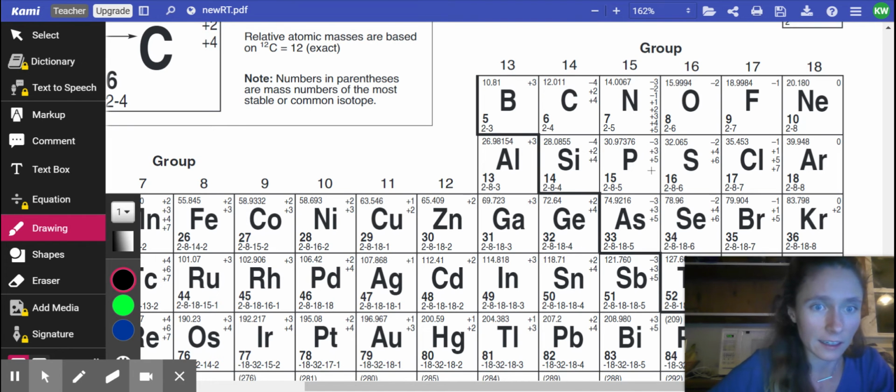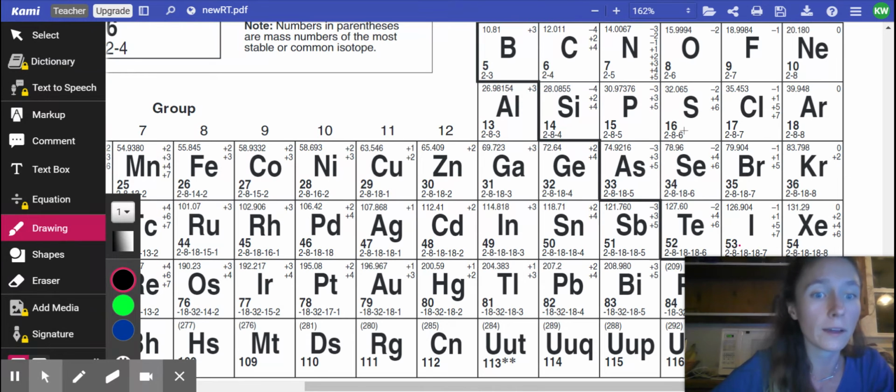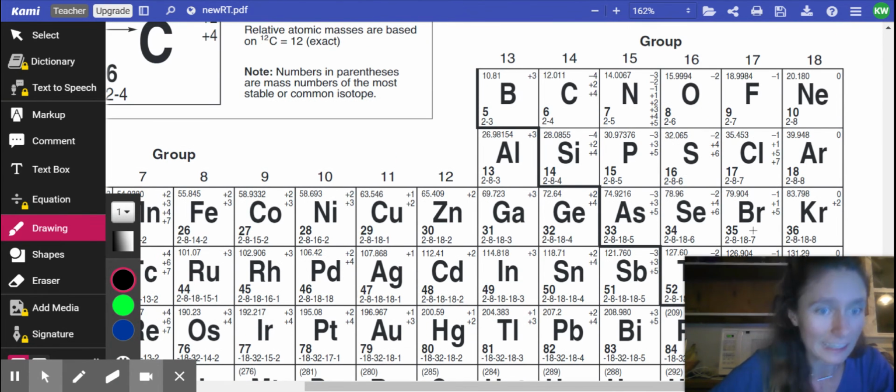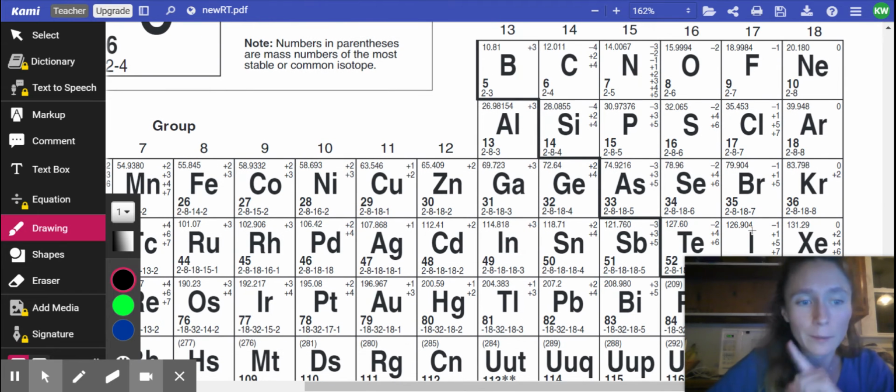In the case of sulfur, it wants to have a configuration that looks like argon, 2-8-8, so it also wants 2. If they're in group 16, they will always want just 2 more electrons because they end in 6. If they're in group 17, they have 7. They're 1 away from 8. So they just want 1 more valence electron.